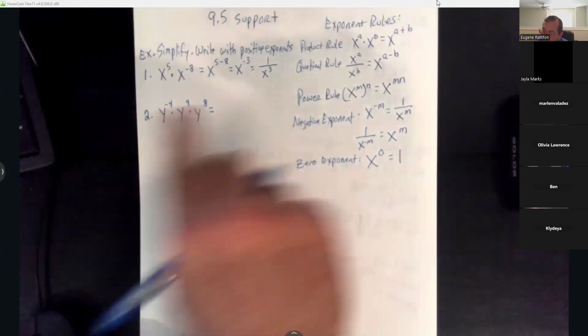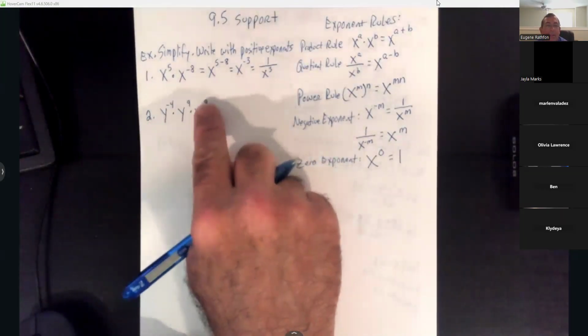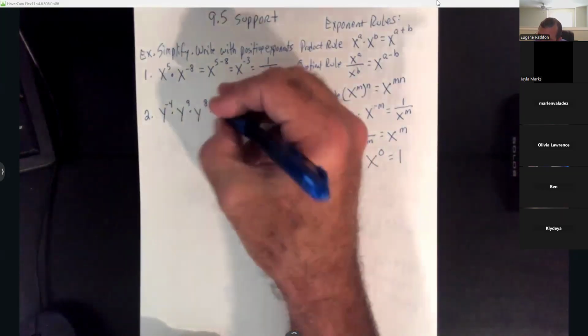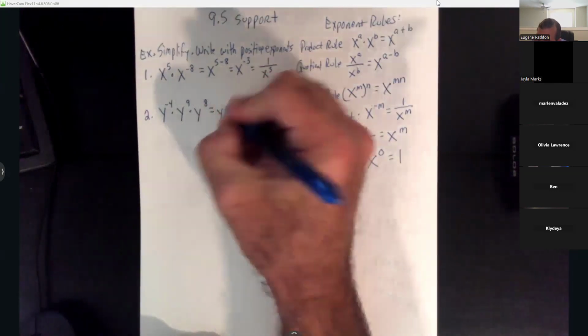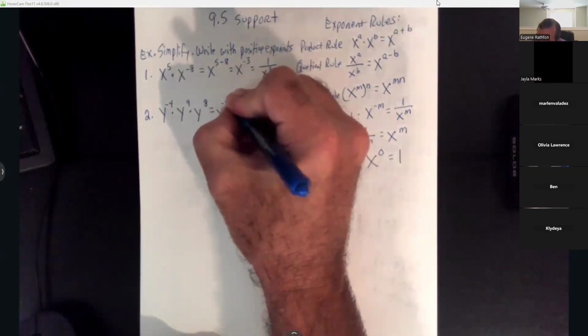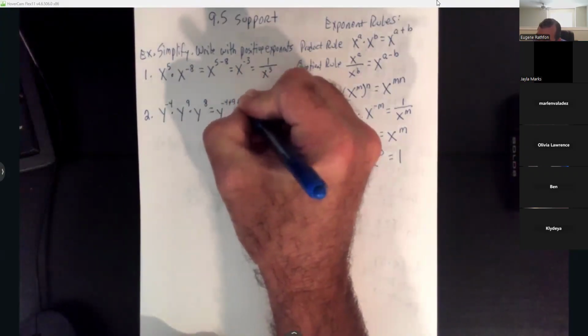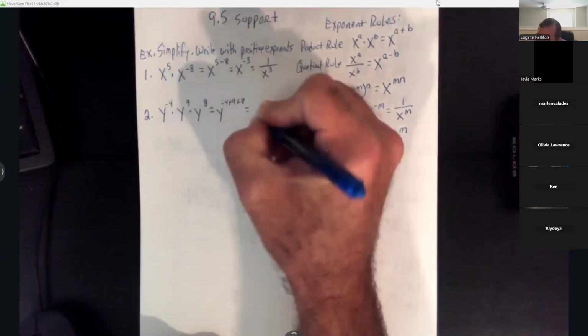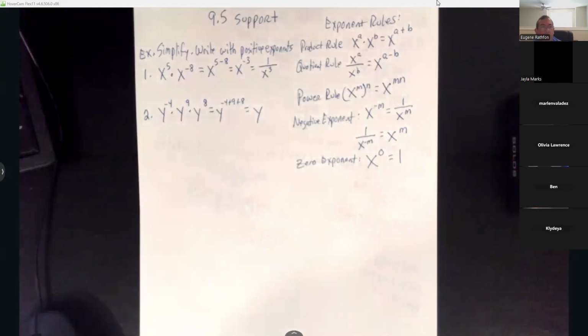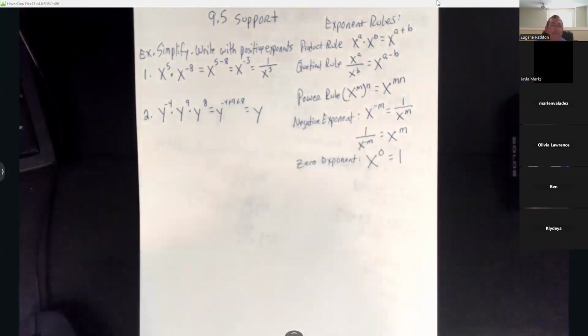All right, y'all, so you're multiplying, so you're going to add all these exponents. So that's really going to give you y to the negative 4 plus 9 plus 8. So y'all, let's see. What are y'all getting on that? Negative 4 plus 9 is what? 5.